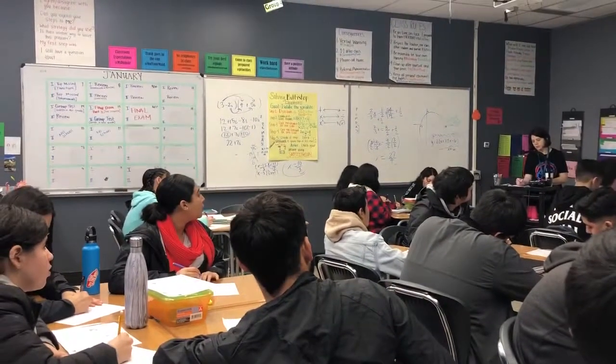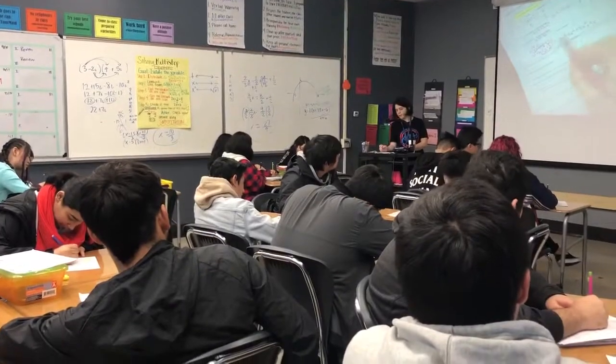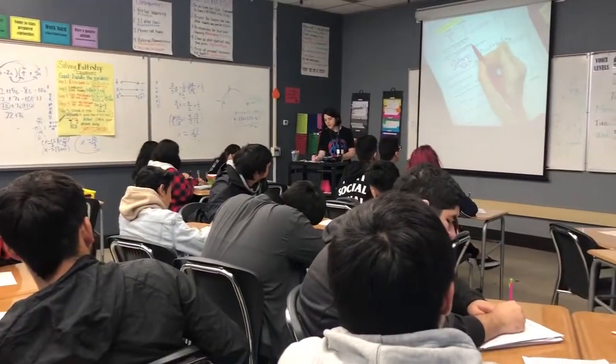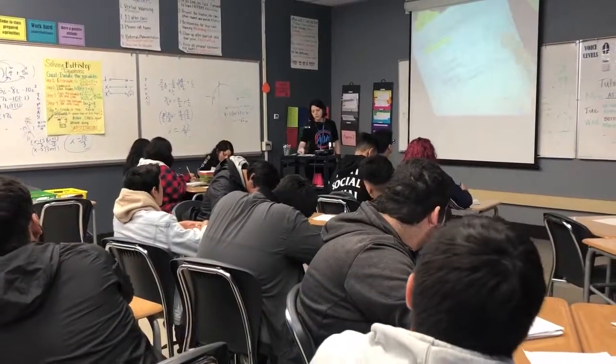The last part is x cubed. Oh, it is cubed. Good job. Okay. And then last part is what? Plus 9x, right? If we look at this, this makes sense, right? We have a third degree polynomial.